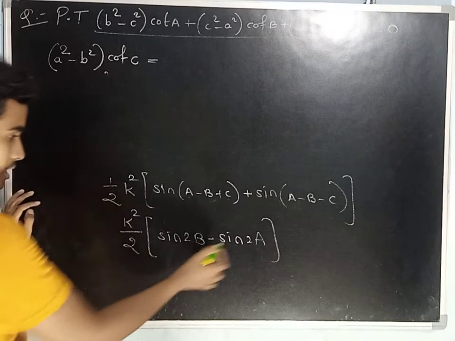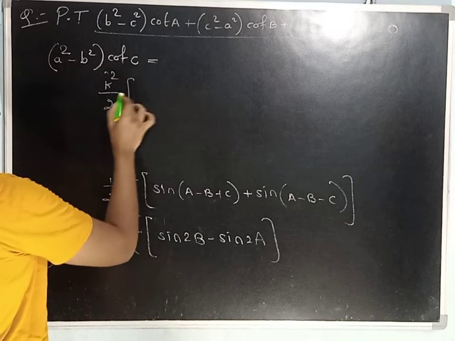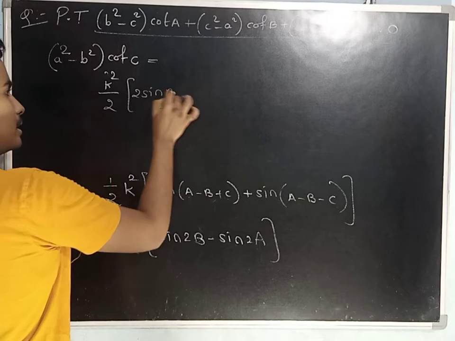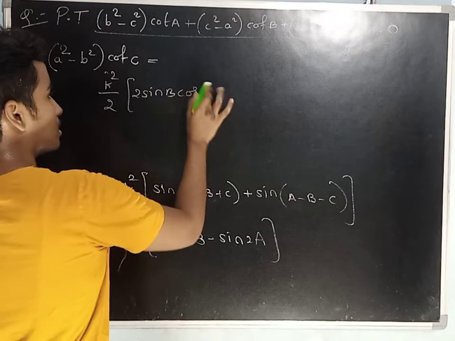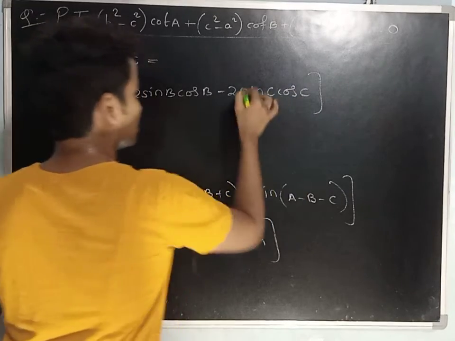K square by 2 into sine 2b minus sine 2a. So k square by 2 into 2 sine b cos b minus 2 sine c cos c.